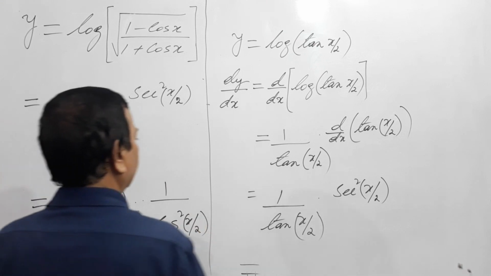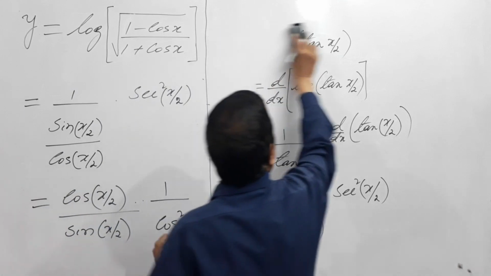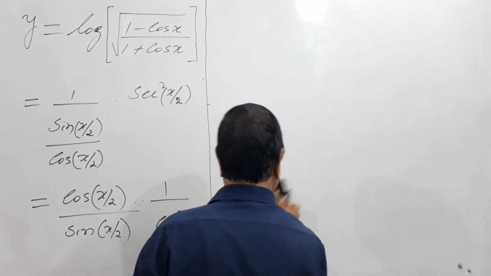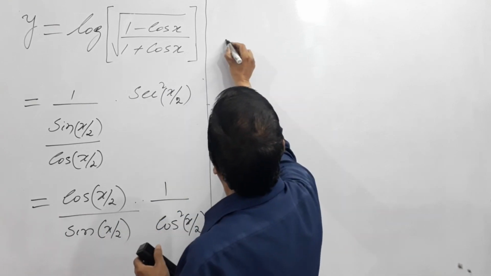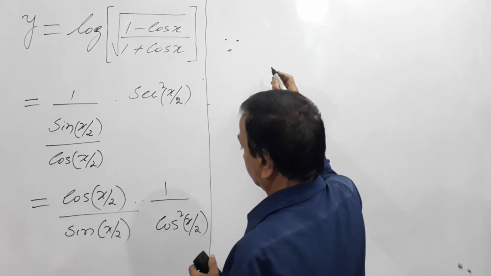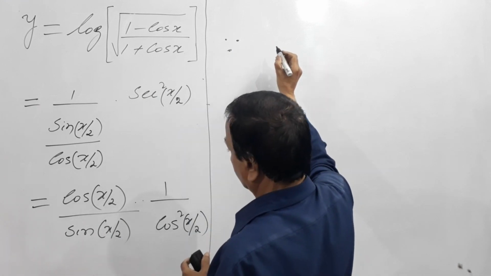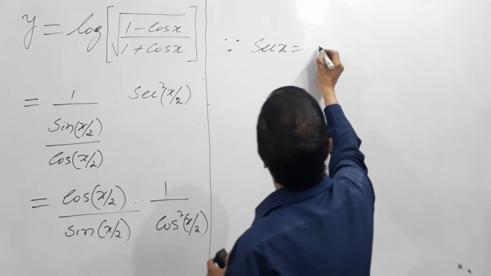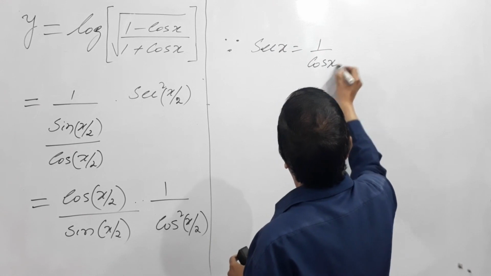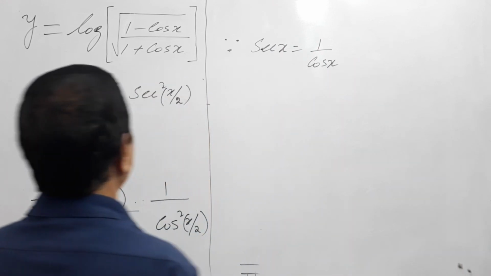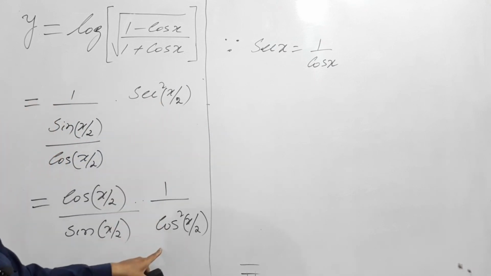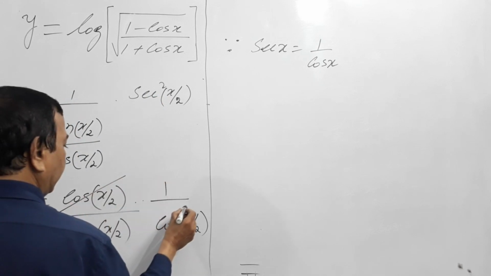Since secant x equals 1 by cos x, secant square x by 2 becomes 1 by cos square x by 2. So here one cos cancels.